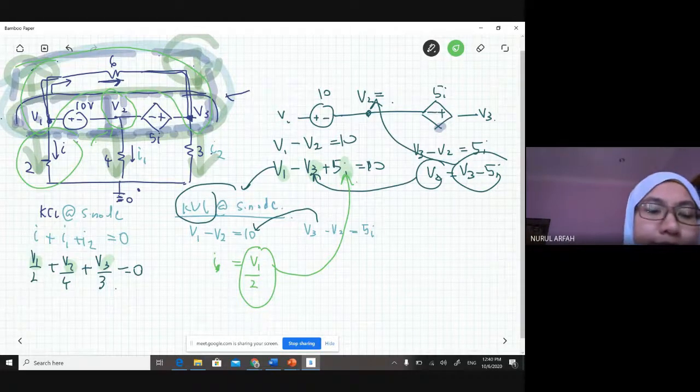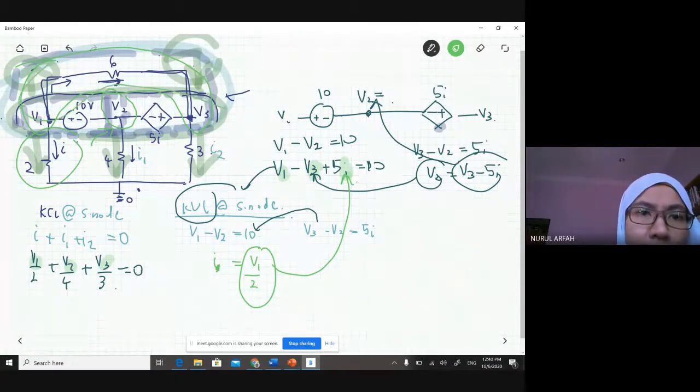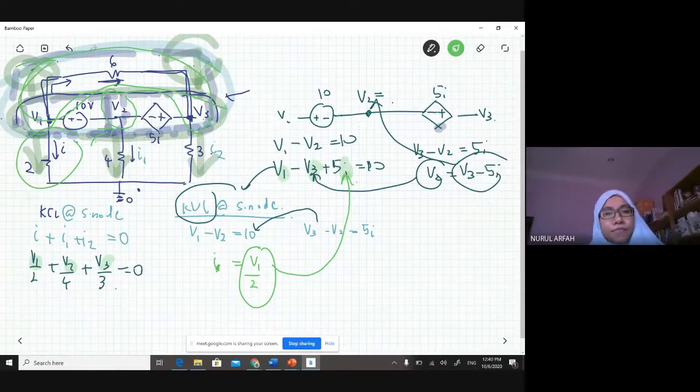But I will check back how to get this. Basically you do this correct. If you have this one also, no. This one V1 minus V3 over 6. V1 over 3. Any suggestion? This is the second question or what, brother?